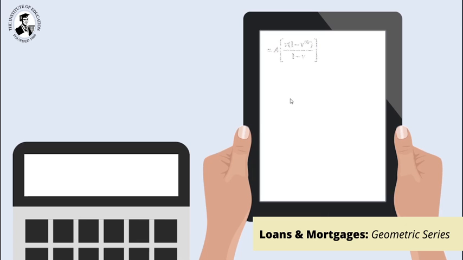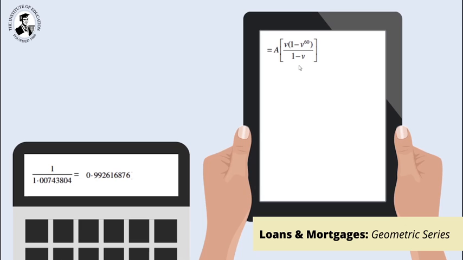This can also be rewritten by taking A out in front. Now we focus on using a calculator to calculate the expression in the brackets. First of all, we calculate 1 over 1 + i. In other words, 1 divided by 1.00743804. This is v. Now the value of v is stored in the answer memory in your calculator.